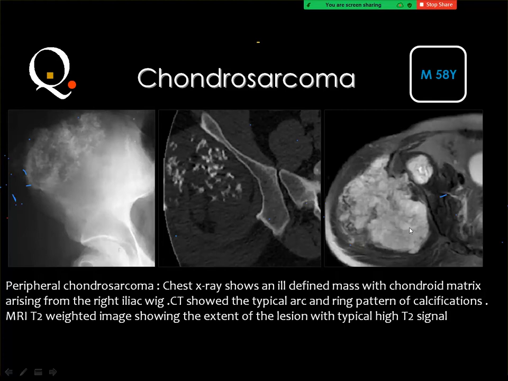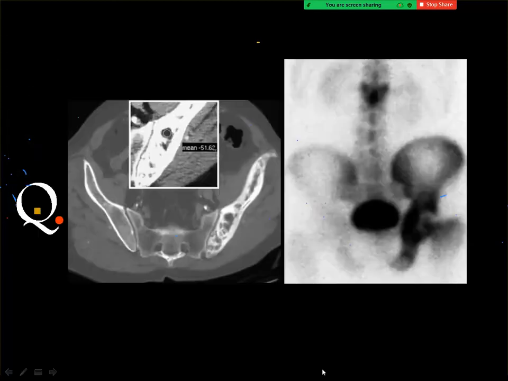But one of the values of MRI is to see this part of the lesion across the iliac bone. And another finding is to look at the brightness of the lesion in the T2 weighted images, which is one of the criteria of chondromatous tumors like chondrosarcoma and chordoma. Next case.